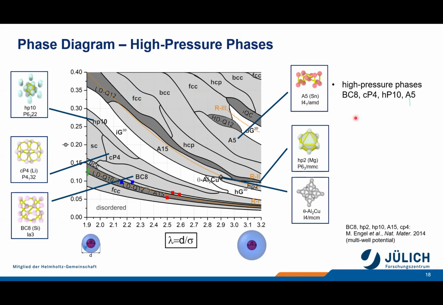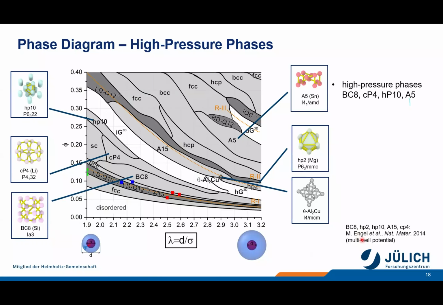They have one thing in common. They're all high-pressure phases. So they're high-pressure phases for tin, for manganese, for silicon and lithium. And this is something remarkable that we will come back to later. So this is some kind of high osmotic pressure at high concentrations of these micelles, which squeezes them together, and they try to find some strange way in order to form an ordered structure.